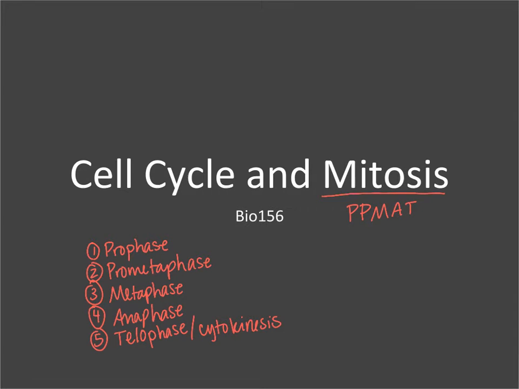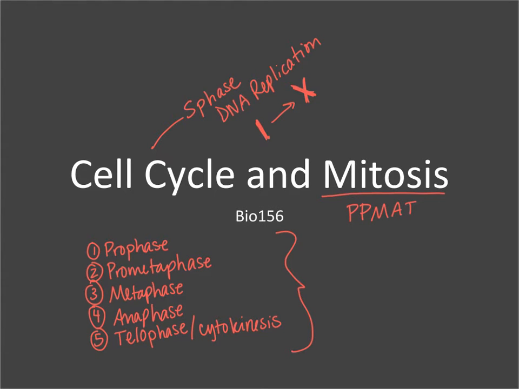And remember that mitosis, what we're talking about during these phases, is really when the chromosomes are going to be separated. So we talked about how during the S phase of the cell cycle, that was our DNA replication phase. And we remember that our bar-shaped chromosomes started to look like X-shaped chromosomes because we made a copy of the DNA.